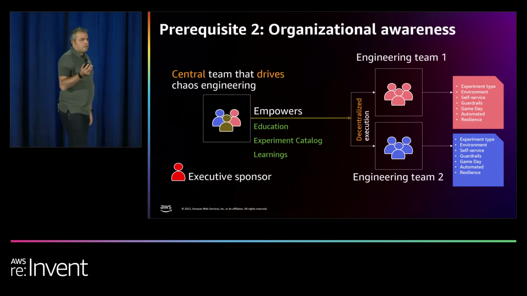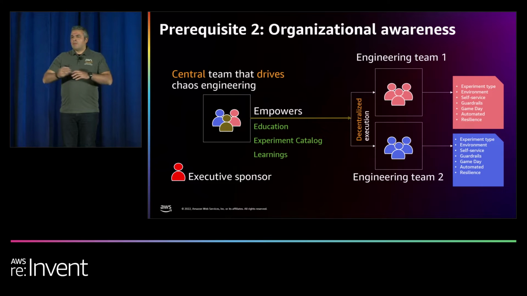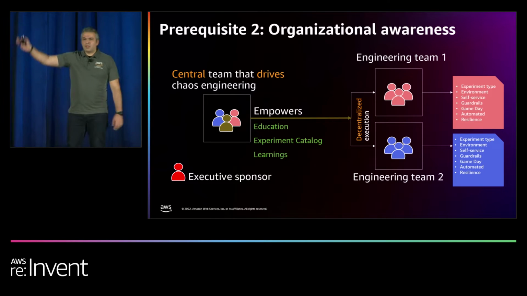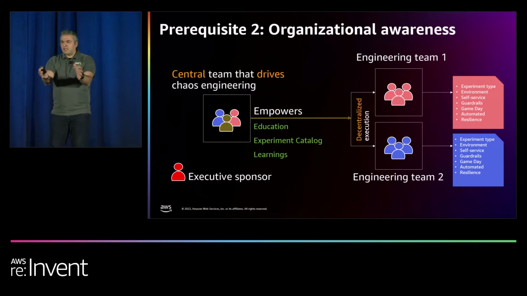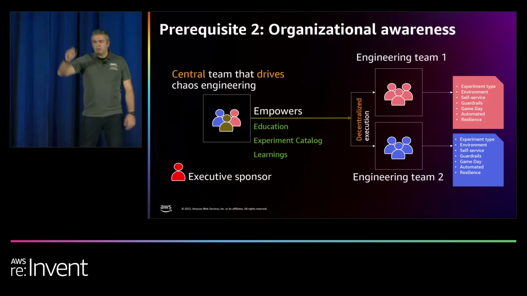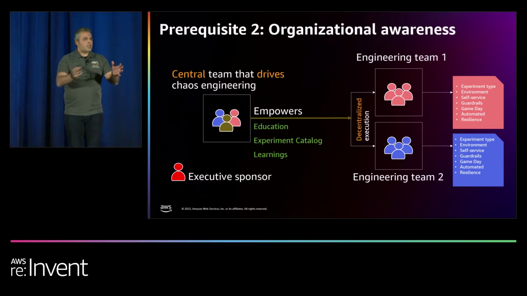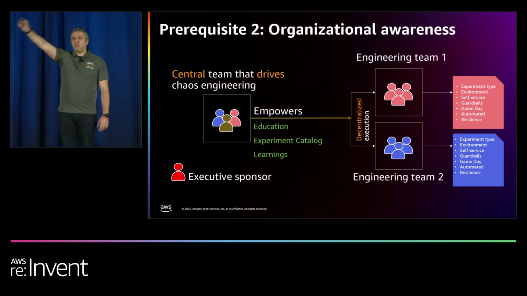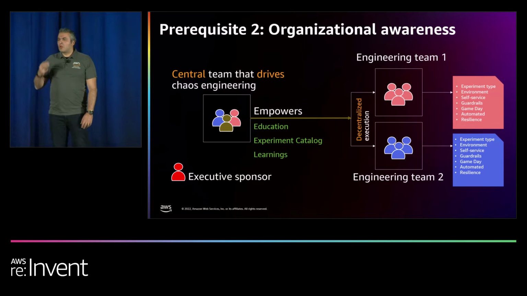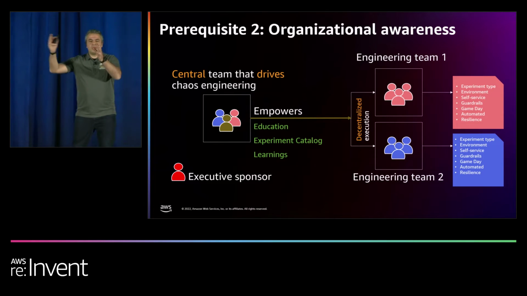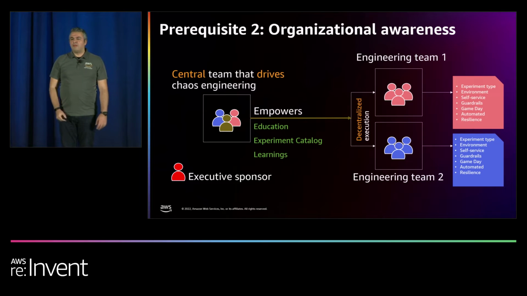Now, why is that? Many of you who sit in the room have hundreds, if not thousands, of development teams. There is no way that a central team will understand every single workload that is around you. There is also no way that the central team will get the power to inject failures everywhere. But those development teams already have IAM permission to access their environments and do things in their environments.